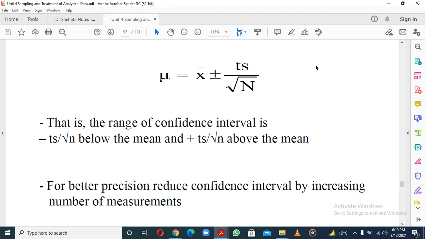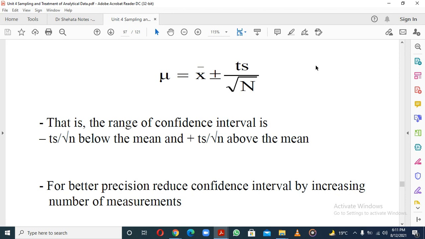So that is what the range of the confidence interval is. Remember, we said that the confidence limit, which is a range of the confidence interval, actually gives us a way of comparing the what? The population mean and the sample mean. That's why we've got there the plus or minus t value times standard deviation over square root of what?